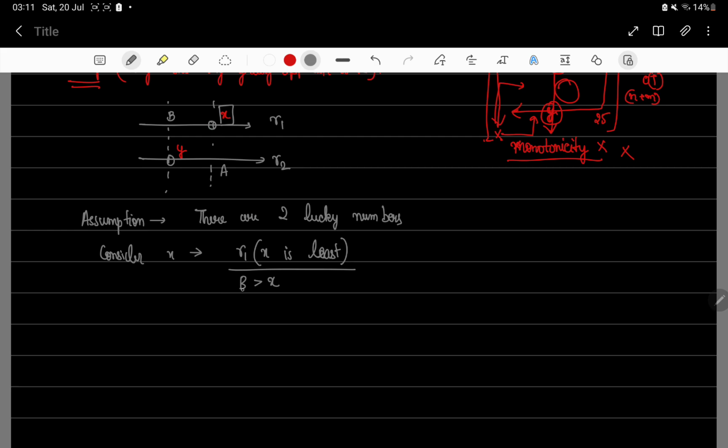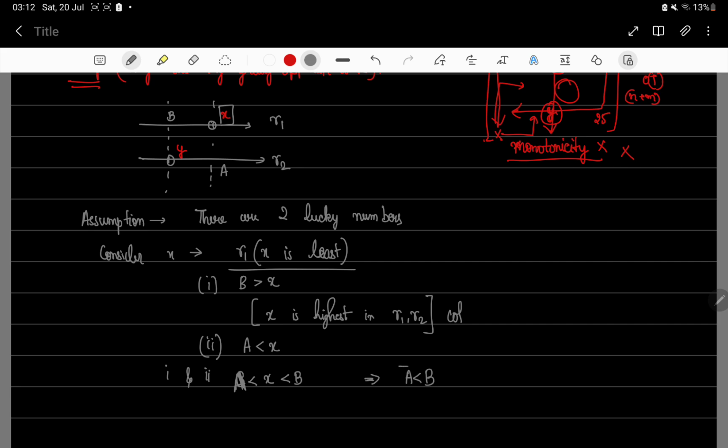Now I know that x is highest in the column, which is my 2, so a should be less than x. So from 1 and 2, x is less than b but x is greater than a, which gives me the fact that a should be strictly less than b.